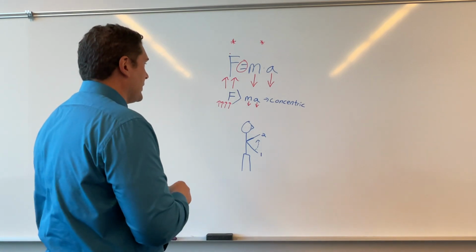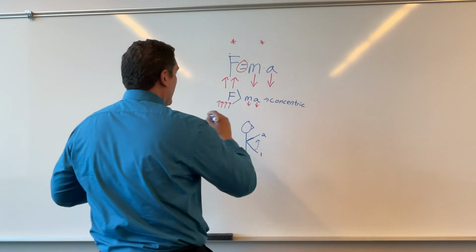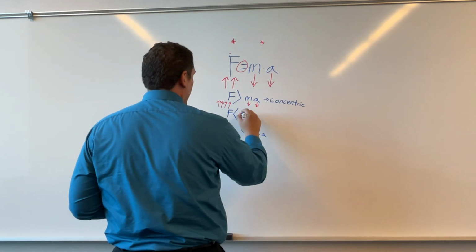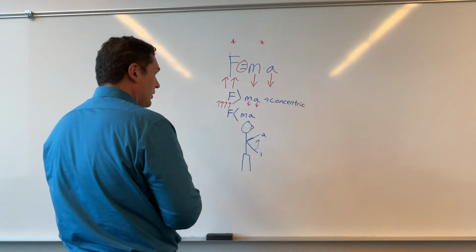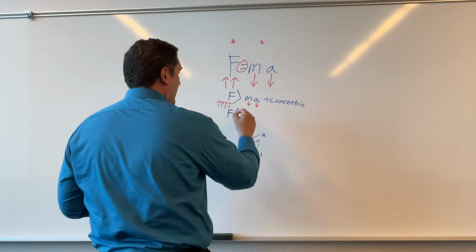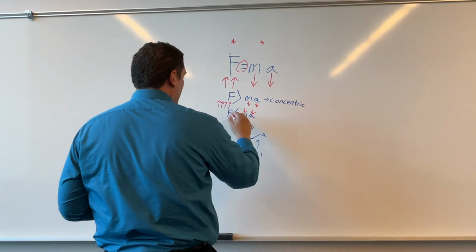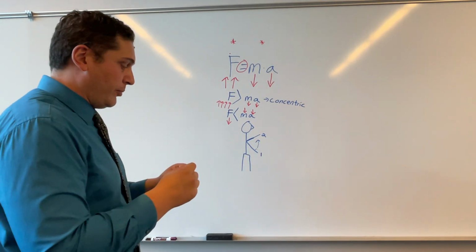In an eccentric contraction, same concept, we just flip the sign, right? Because now my force is less than mass times acceleration. Again, same thing happens. My mass is moving downward, my acceleration is moving downward. But I only have one F moving down, right?